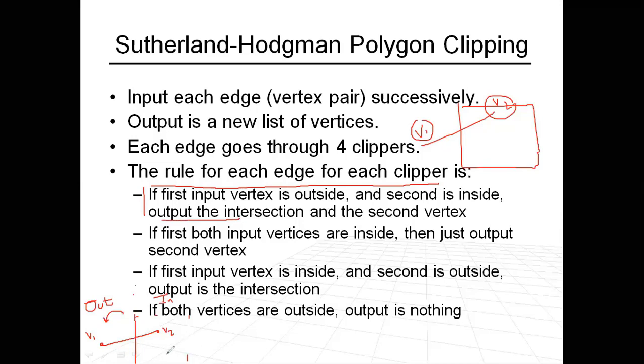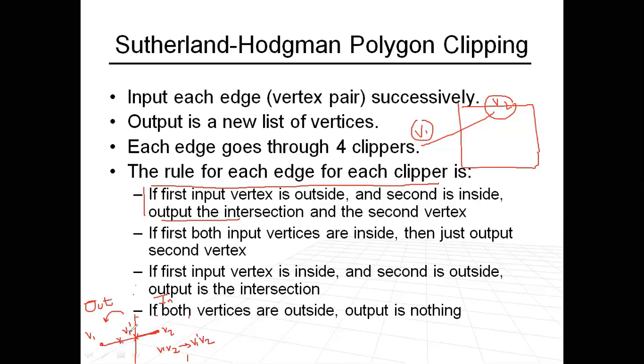When we are moving from v1 to v2, we have to save the intersection. A new vertex will be created, that is called v1 dash, and the inside point, that is v2. So this line will be saved. This is the first rule. And the outside part will be clipped.